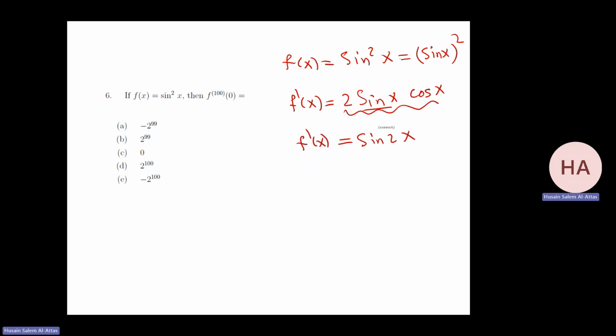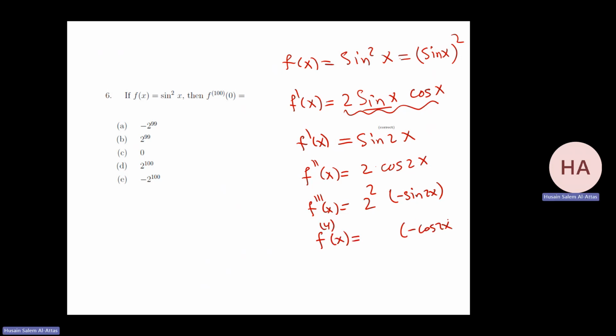Now I can see the pattern. So the second derivative, I'm starting with this. So it will be what? Cosine 2x times 2. The third, it will be minus sine 2x times 2 times 2, 2 squared. The fourth will be minus cosine 2x, 2 to the power 3.